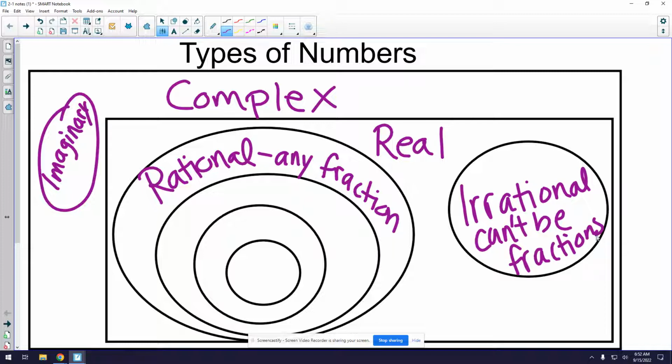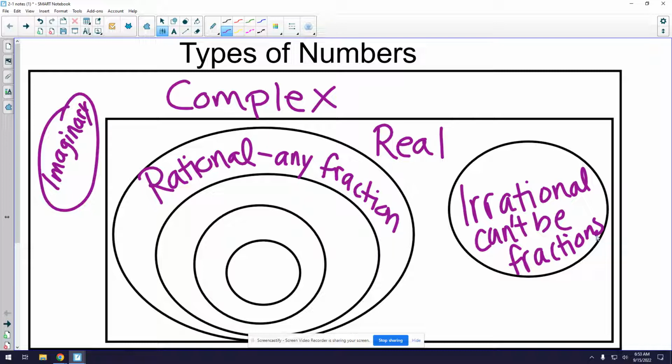And the big difference between rational and irrational is irrational cannot be written as a fraction. So those are going to be your decimals that never end and never repeat. Great example, pi. But there are lots of other good examples. A lot of your square roots or your other roots, cube roots, fourth roots, whatever, if you can't take the root of a number, then that is going to be an irrational number.